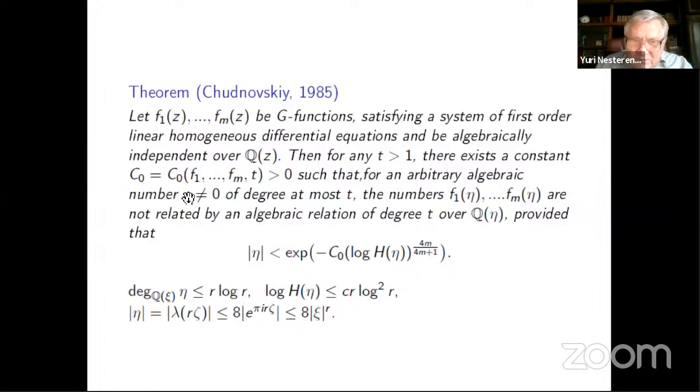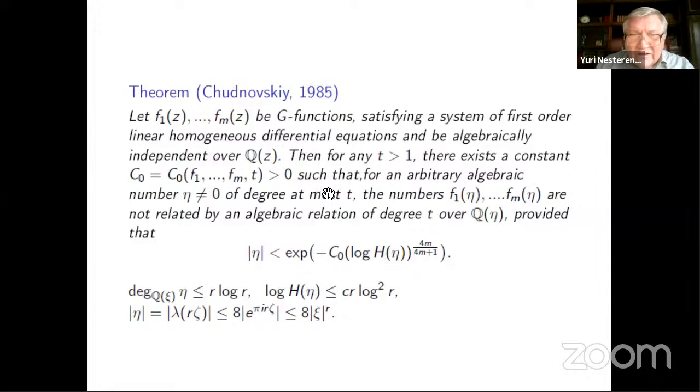Of course, it's impossible to use this theorem directly because these constants are not computed effectively in Chudnovsky's proofs. But the method is effective, so in principle it's possible to calculate all these constants, all these dependencies, and this if R is large and connected in some way with this height, for example, and degree, then this condition is satisfied.